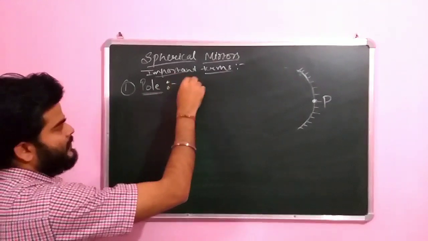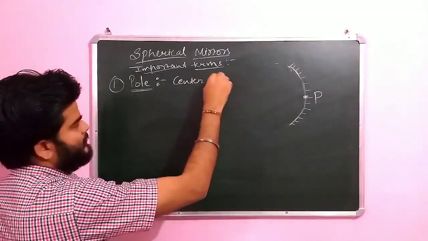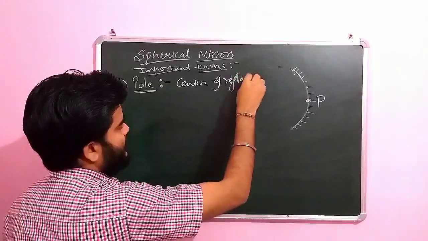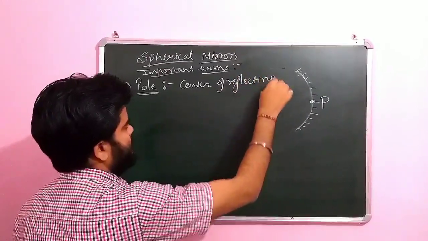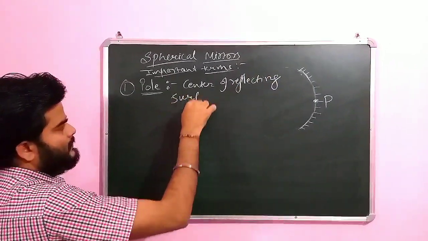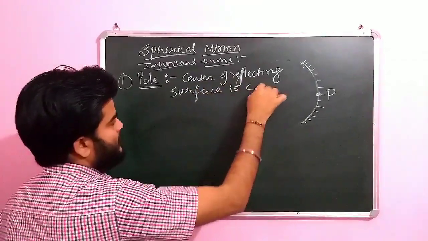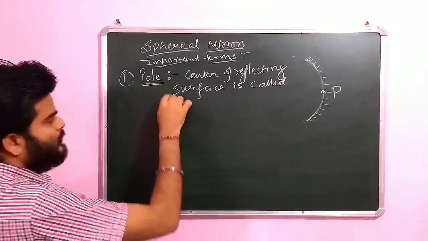So write down the definition. Center of reflecting surface is called pole of a mirror.